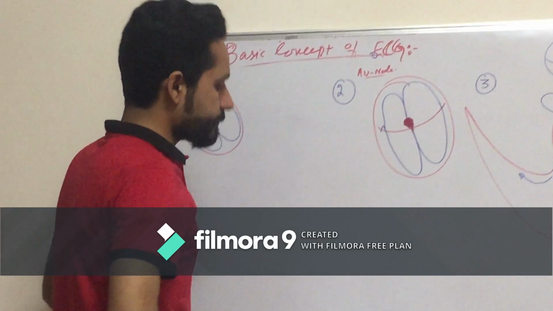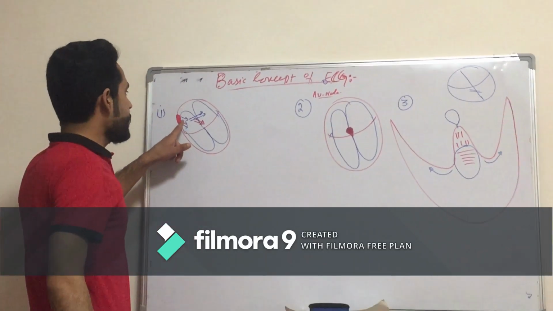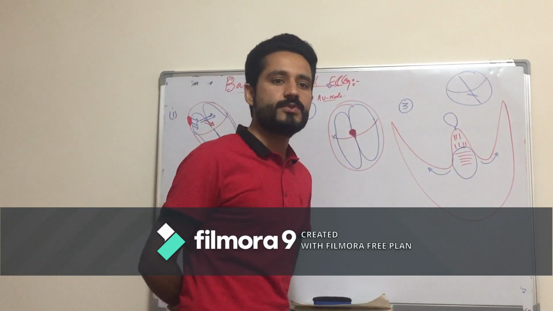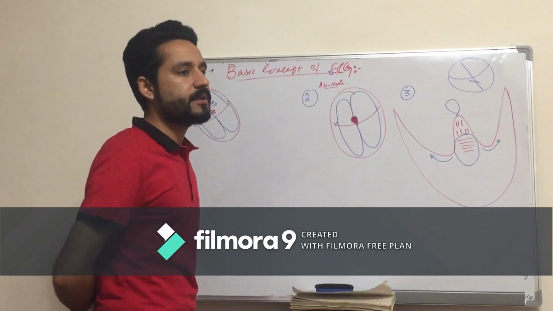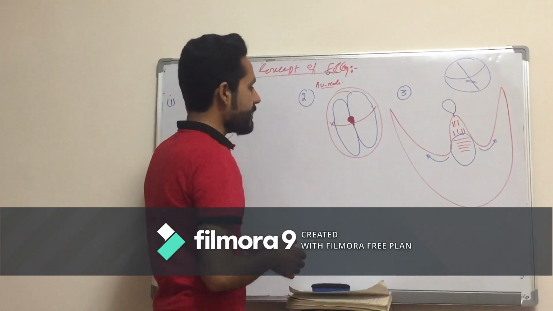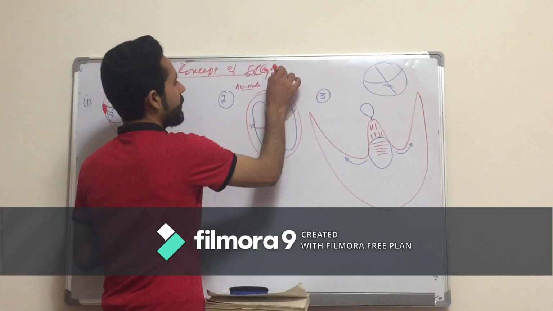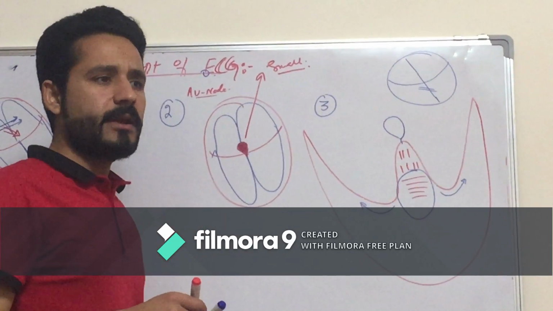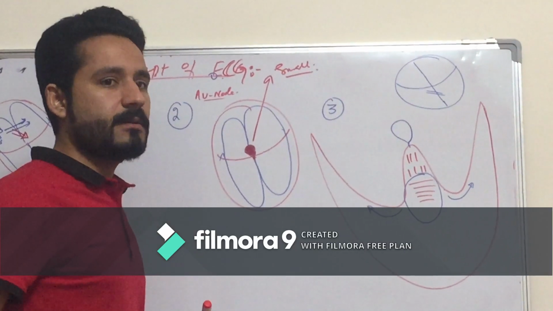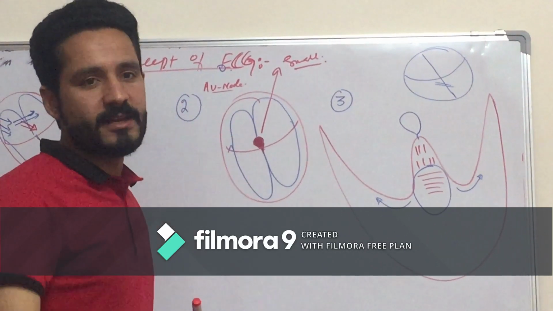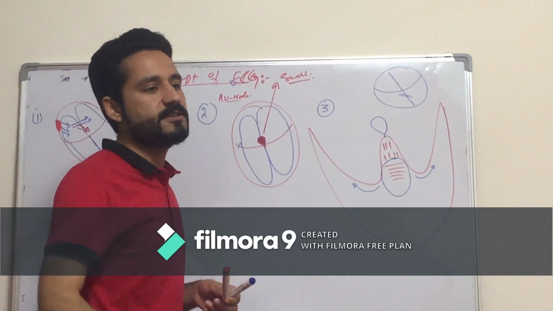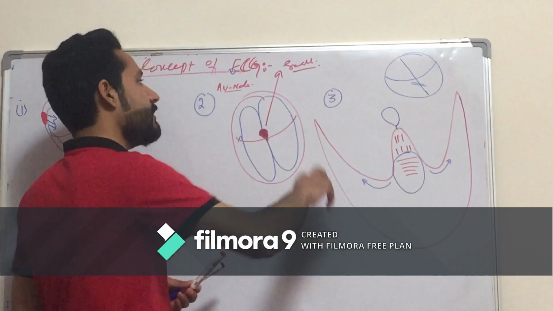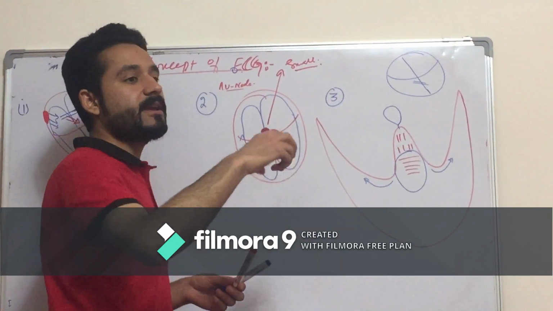Okay, after that, as we have studied, these electrical impulses will transmit from the SA node to the AV node, or the atrioventricular node. Now as you know, the AV node is so small, it will transmit electrical impulses, but very small ones which are not picked up by the ECG machine.